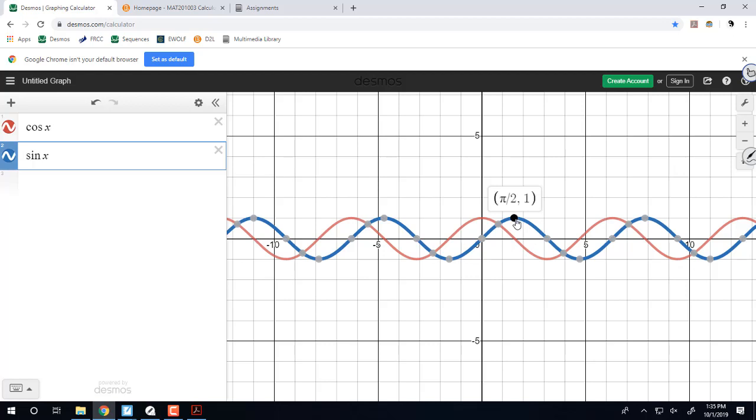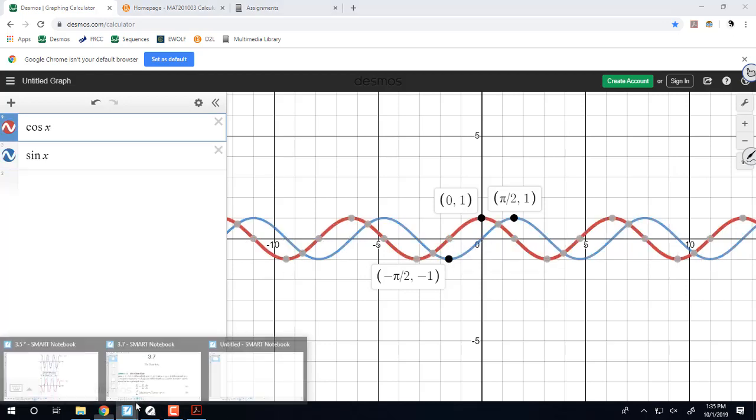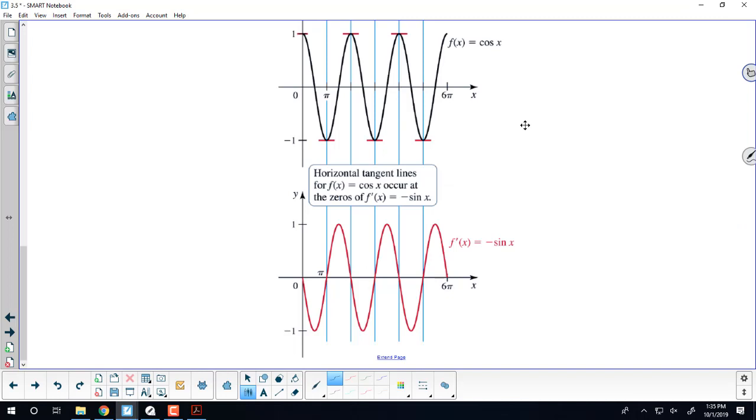Sine happens to be 0 here, but not here, right? Horizontal tangent here, here. So I don't know if that's a visual verification, assuming that you remember how to graph a derivative given a function, which you should. But again, we can verify that visually as well.